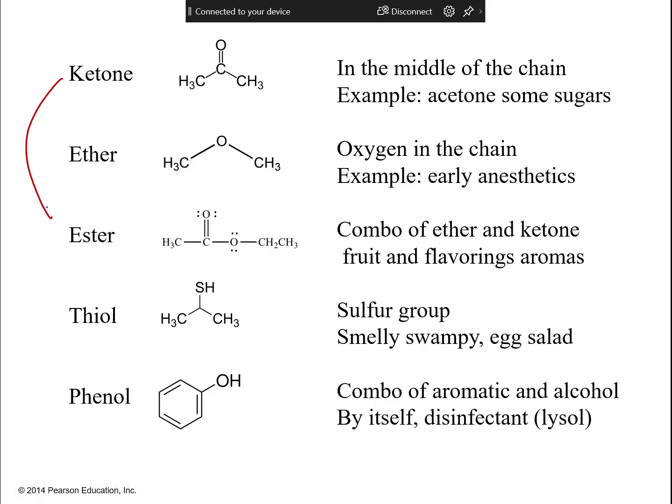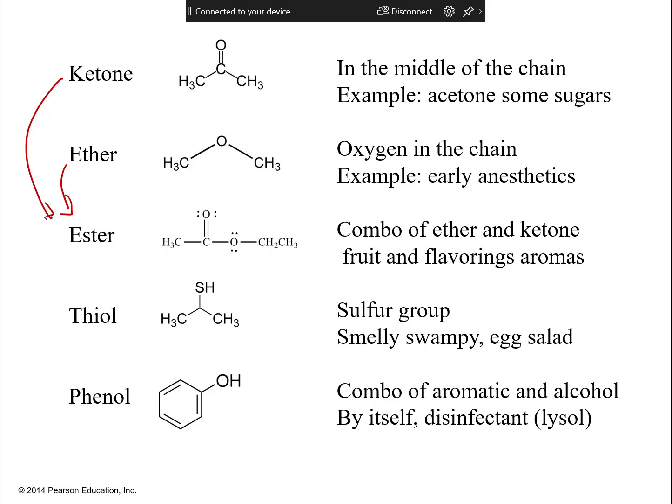But if I took a ketone and an ether and put them together, do you see how that looks like an ester? Can you see that there's an oxygen spanning two carbons, but then there's also a double bond oxygen? So it's kind of like a combination of the two, like making that carboxylic acid. And all three of these are going to be in the middle of a chain.